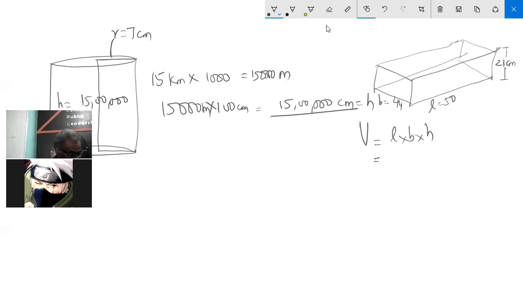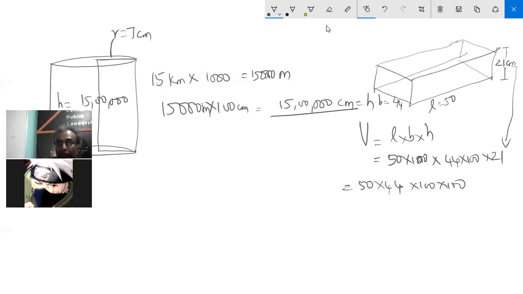L is 50 meter. 50 into 100 centimeter. B is 44 again into 100 centimeter because it's meter, into 21 centimeter. This is centimeter only, so you don't multiply by anything. That is 50 into 44 into 100 into 100 into 21.